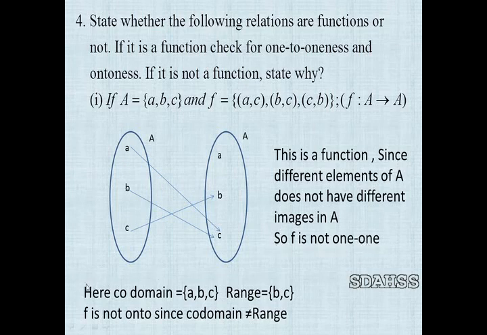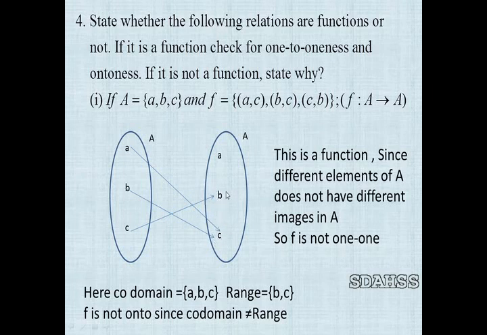Then we want to find onto. How to find onto? If the codomain is equal to range, then it is onto. Here codomain is not equal to range. Codomain is a, b, c and the range is b and c.